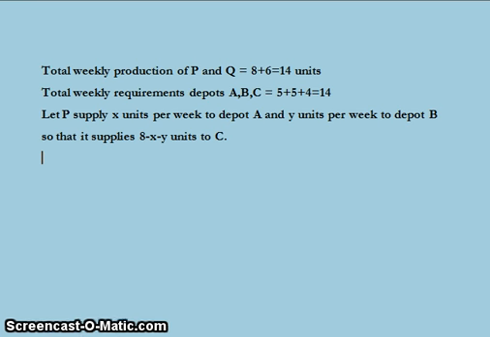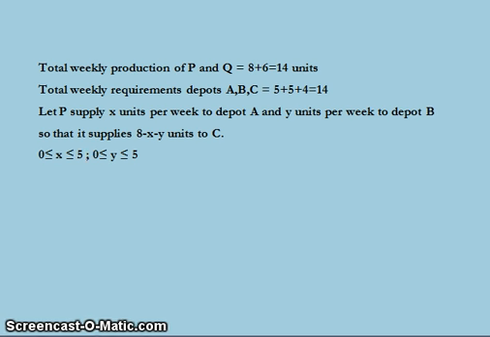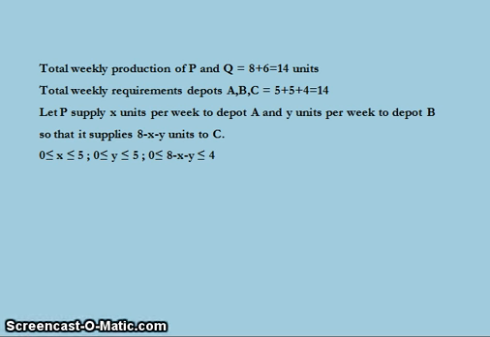Now obviously X is greater than or equal to 0 and less than or equal to 5. Similarly, Y is less than or equal to 5 and greater than or equal to 0, and the amount supplied to depot C by factory P lies between 0 and 4.